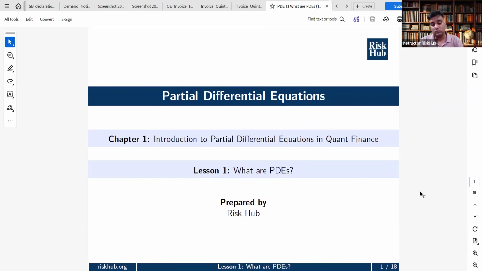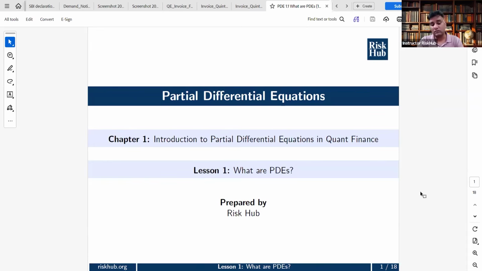Okay. So the first slide introduces the lesson, partial differential equations in quantitative finance. A PDE, or partial differential equation, is an equation involving derivatives with respect to more than one variable. In finance, the most common variables are asset price, time, interest rate, volatility or variance, and the value of an option, derivative, or portfolio, right?